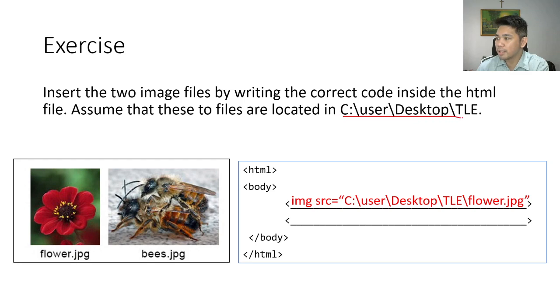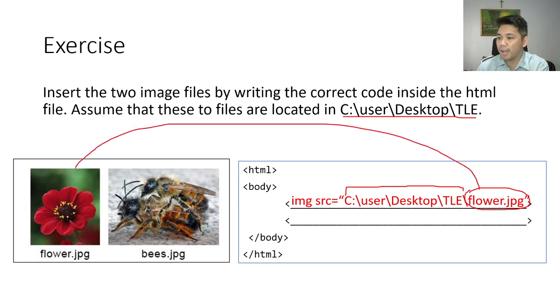C user desktop TLE, so we use the full path C user desktop TLE slash flower.jpg, because that's the file, flower.jpg. The second one, using a relative URL, inside the project folder, let's say this document is our index.html.